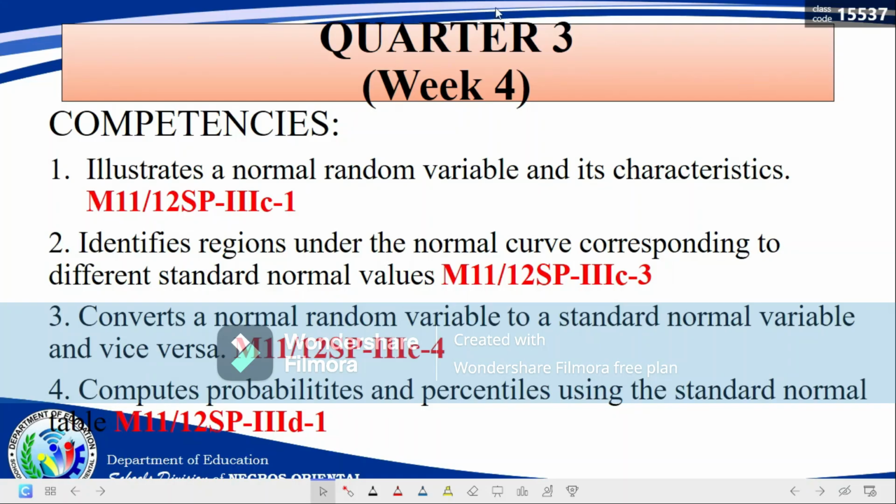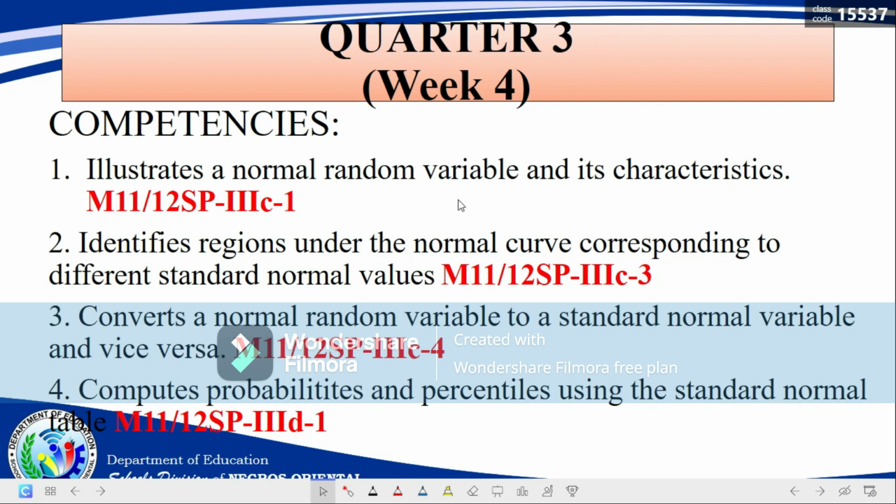We're going to discuss quarter 3 week 4, but in this video I have decided that we will just chop this into 2 instead of presenting the lesson for the entire week. We will just be discussing the first 2 days, so you won't have this so-called information overload.